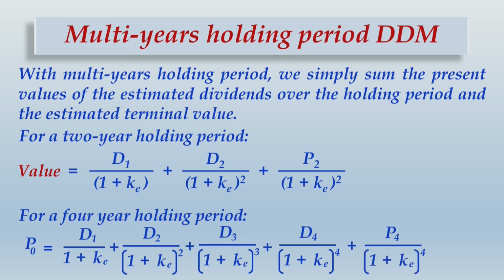So I am sure you have understood that likewise whatever be the multiple period of holding, you can simply discount the future cash flows to their present values to arrive at the P0 value. Please write up this whole thing and then I take you ahead.